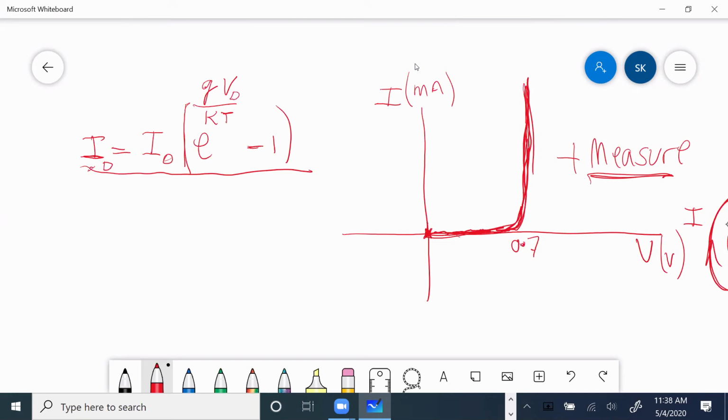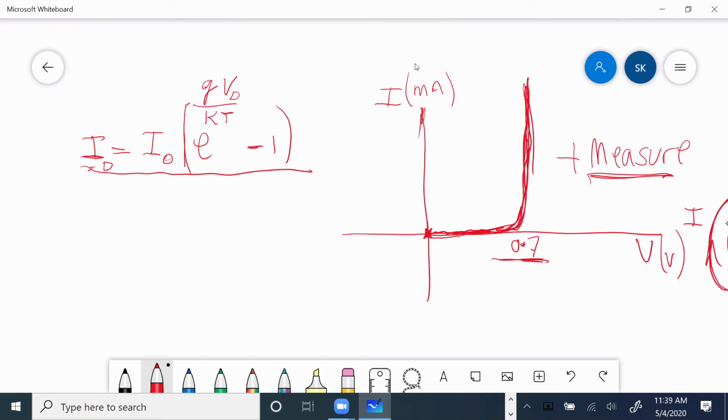This is the V that I applied, and that I is the I that I measured. So ID equals I0, q being the charge of the electron, times the applied voltage, divided by the Boltzmann constant times the temperature. That means the carriers have a lot to do with this. Minus 1. This is what the mathematicians told us.